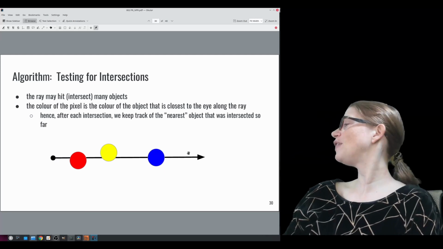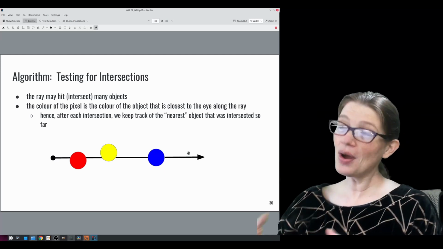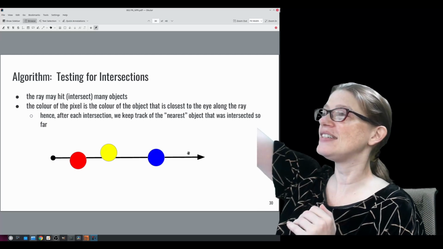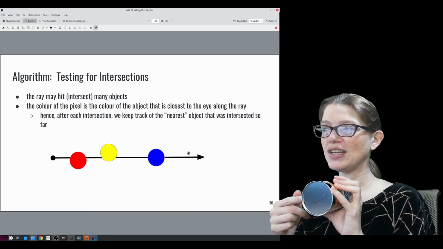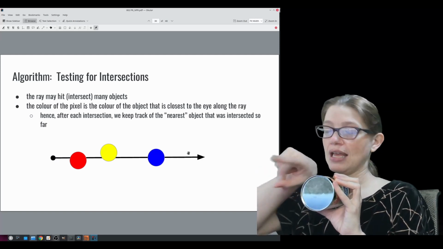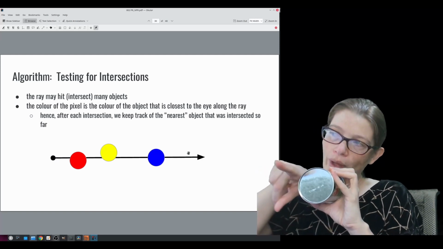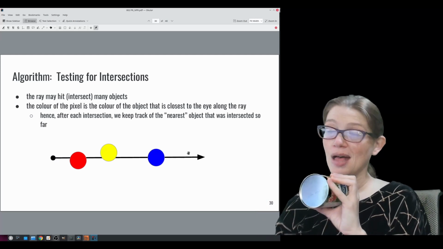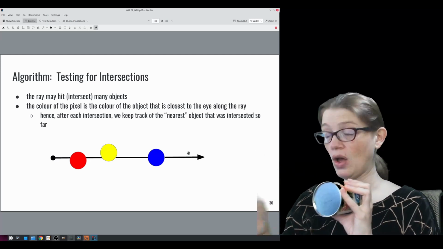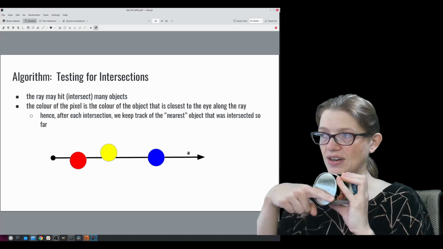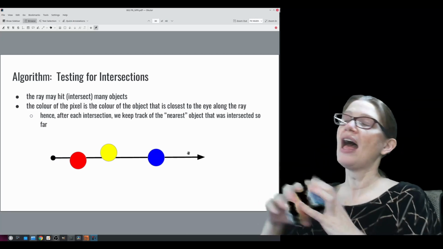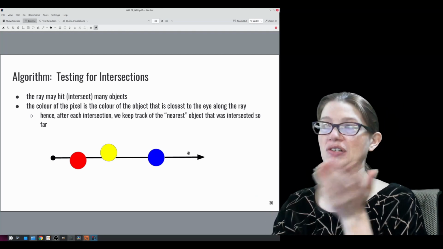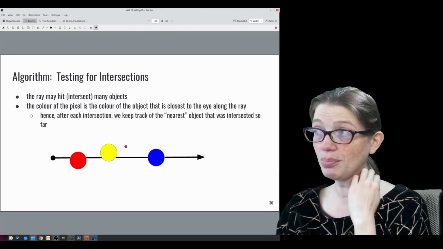I do not have any spherical objects, but let's pretend this is a ball. One way you can intersect it is a tangent, so you touch the sphere only at one point as you're brushing by it. But the other option, more often than not, is that you intersect the sphere twice because the ray actually pierces through the sphere, as it does with all three of the spheres on the screen right now, the red, the yellow, and the blue one.